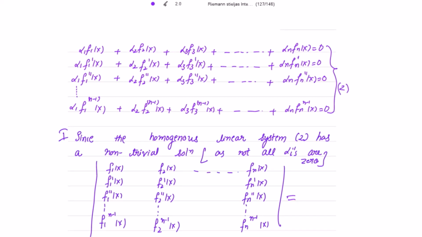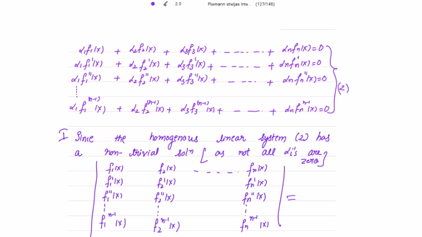And if the scalars are not all 0, then the system of equations has a non-trivial solution. Whenever the alpha i's are not all 0, we have a non-trivial solution for this system of homogeneous equations, right?